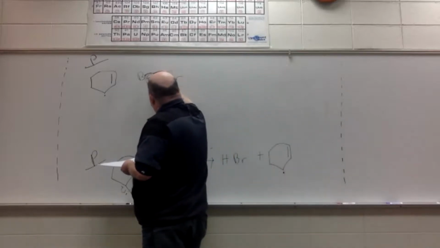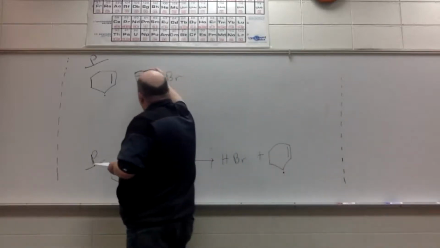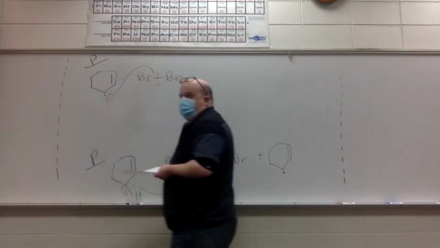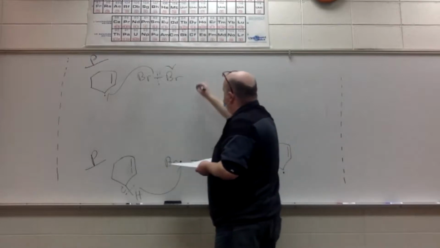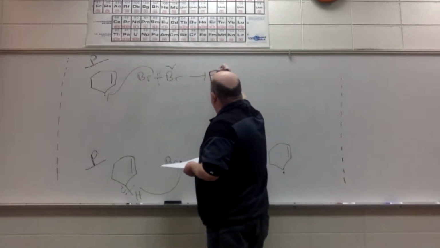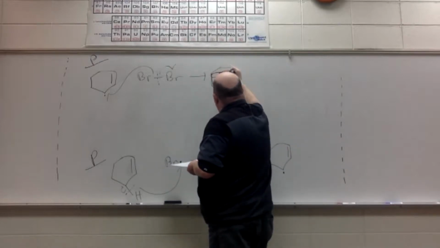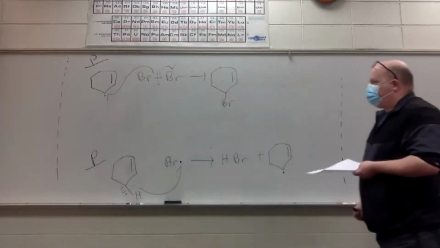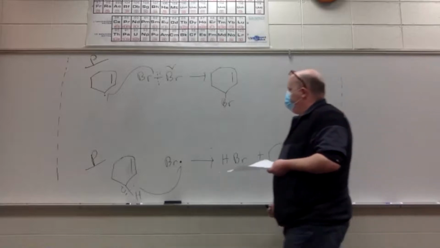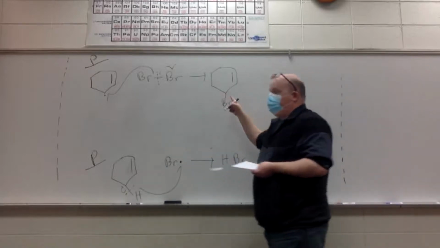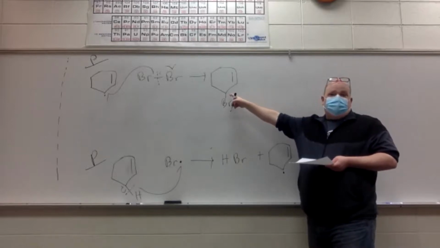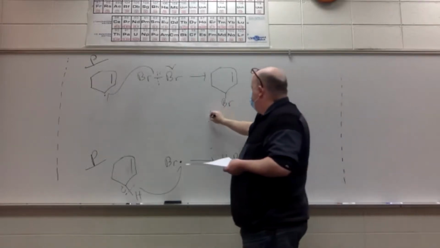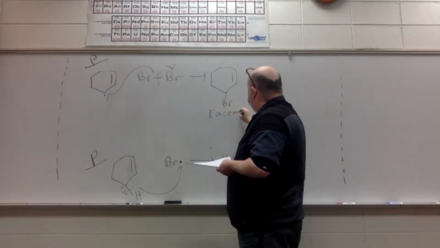This Br2 is going to split up. One of the Br radicals will combine with the carbon radical. The other Br radical will separate on its own. So boom, you get the product here. And again, if you're paying attention, you might notice that we have a stereogenic center, so this will exist as a racemate.